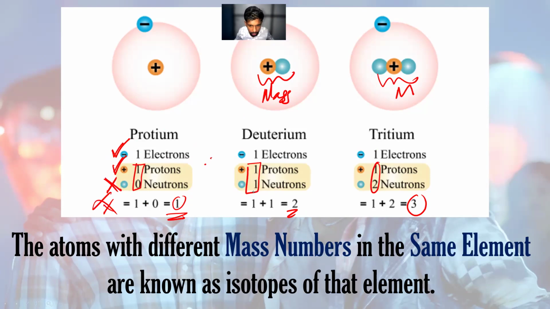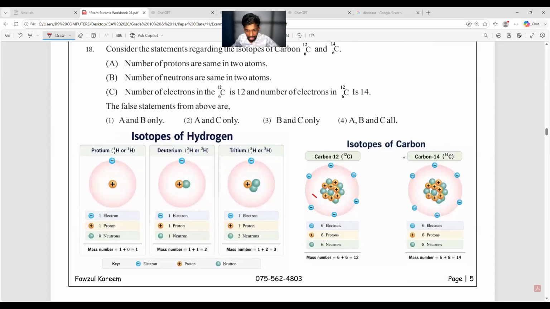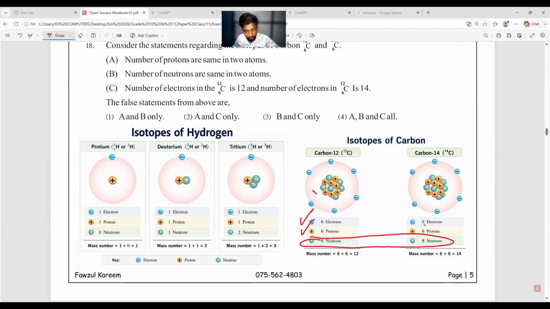Now come to the question paper. Here for the carbon, electrons are same, protons are same. What differs? Only the neutrons. Because of the difference in the neutron, the mass number differs.